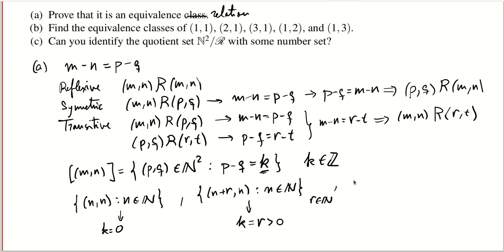And finally, you have here the last set of classes, which is this one, right? Which contains all pairs, again, r is a natural number, for which the difference is negative r, so a negative number. And here you have all possibilities for k, right? k is 0, a positive number, or a negative number. So the classes are either like this, or like this, right? So this identifies all the classes.